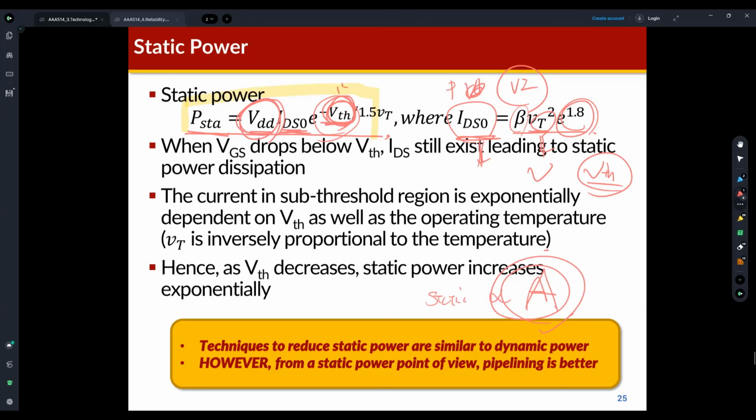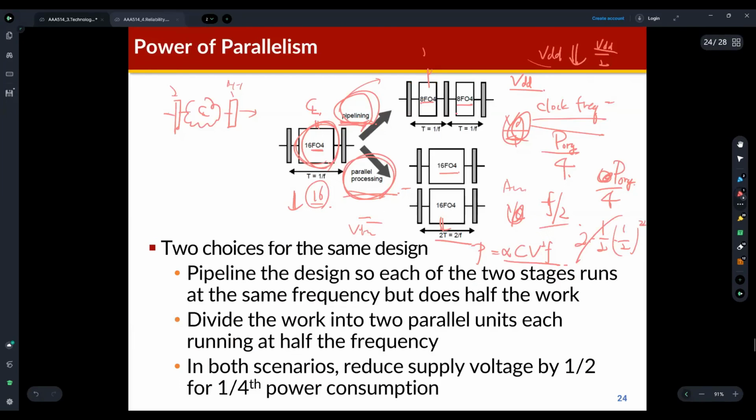In this example, we only considered the dynamic power. We can reduce the dynamic power with pipelining and parallel processing, and in both scenarios the dynamic power becomes P divided by 4 from the original dynamic power P. But we did not consider the static power.